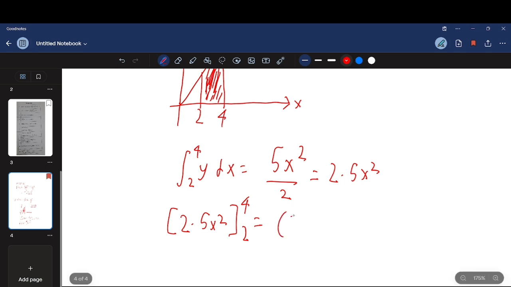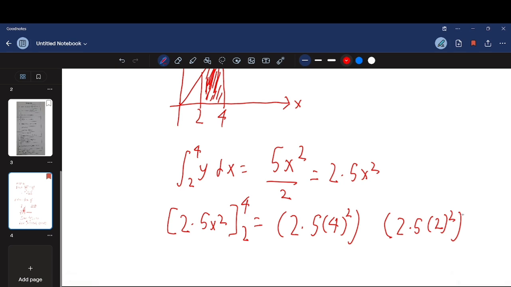That is, brackets 2.5 times 4 squared, then bracket closed. Then we do the same thing again, but instead of 4 we substitute 2 in this equation. Brackets 2.5 times 2 squared, and then bracket closed.